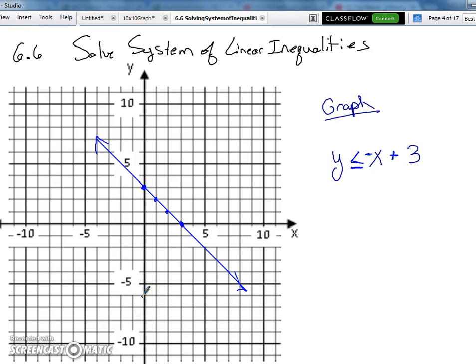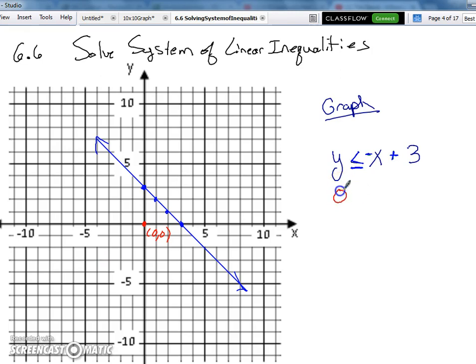And if you're not sure which side is less than, what you can always do is test a point. Pick any point anywhere on the entire graph. I normally choose 0, 0. As long as it's not on the line, you can test any point. I'm going to see if this point will work. If this side of the line works, then everything over here will work, because you can choose any point on this side.